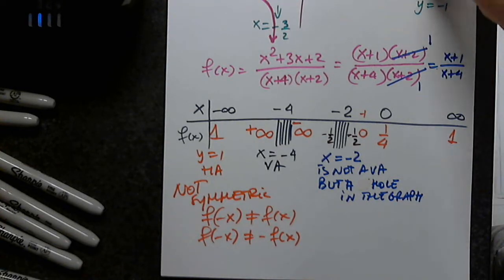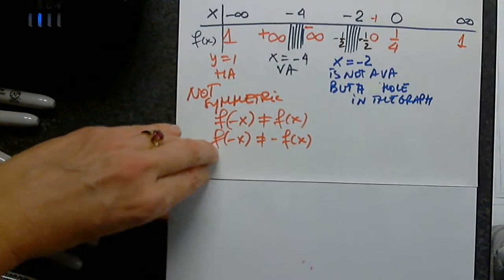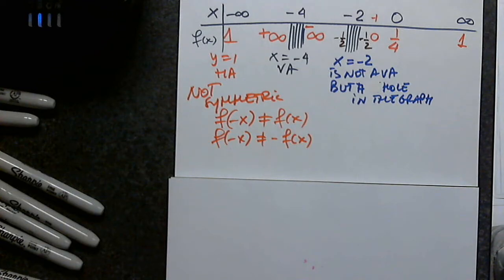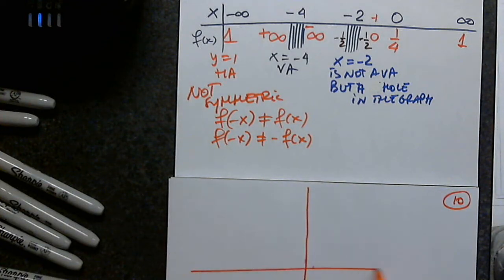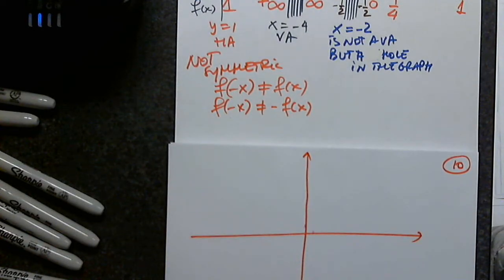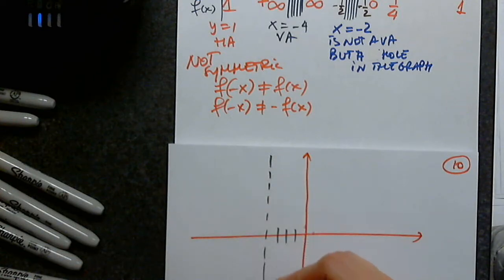Ready? When I graph a function with asymptotes, what do I have to graph first? The asymptotes. Absolutely, that's mandatory. How many asymptotes do I graph? Careful. 2. Yes. I graph x equals -4, of course.